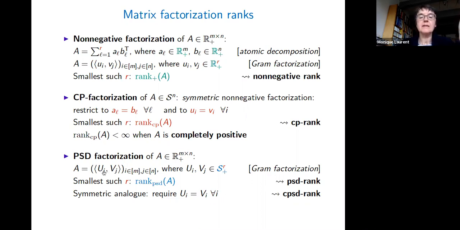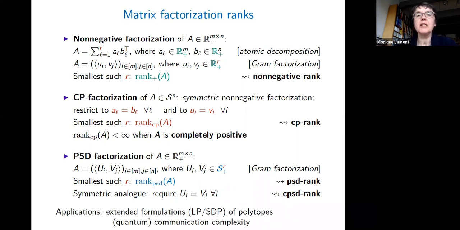And if you search for symmetric factorizations, U equal V, then you would get the notion of completely positive semidefinite rank. These four matrix factorization ranks are all difficult to compute exactly, but for all of them one can define good bounds using the general scheme of polynomial optimization.